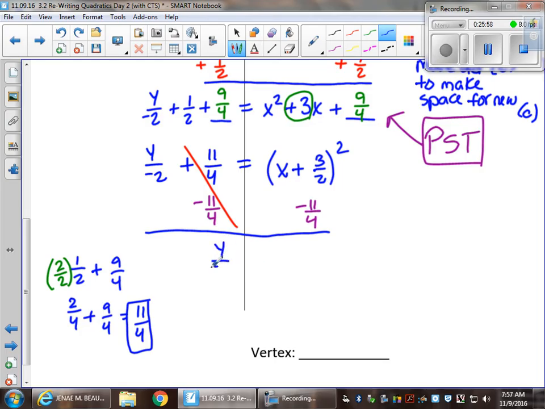So I still have y divided by negative 2 equals, we're going to write exactly what we see. X plus 3 halves squared minus 11 fourths. Now my soul's like, man, we still got to do something with the negative 2. I agree, but notice, did I try doing that at the same time that I moved over my 11 fourths? No. Space is your friend. Let's use it. How are we going to get rid of this negative 2?